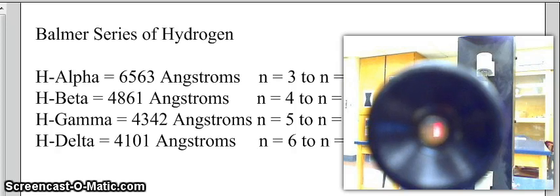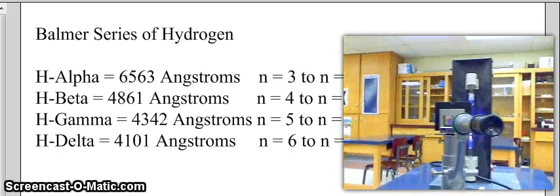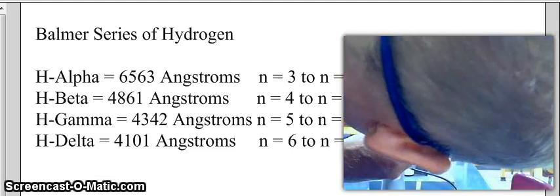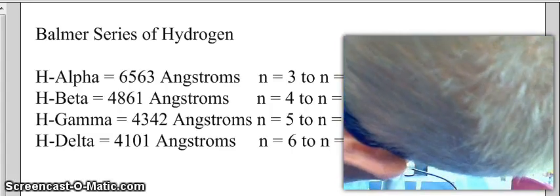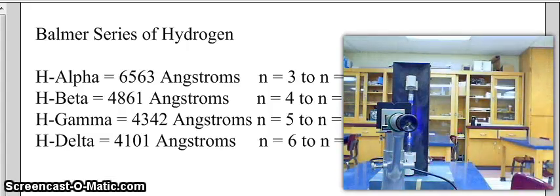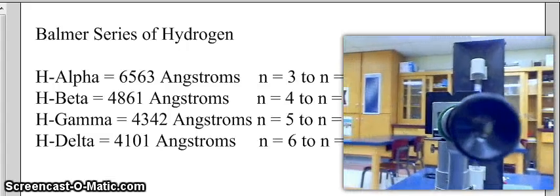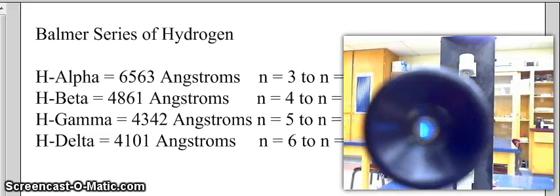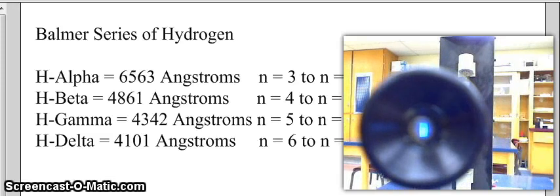Okay, the next line we're going to do is the H beta line. Here you should see an aqua color line. It'll look sort of bluish in the camera. And there it is. It's a light blue aqua green color.